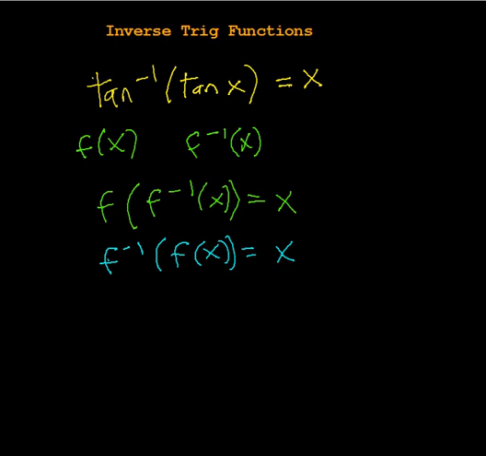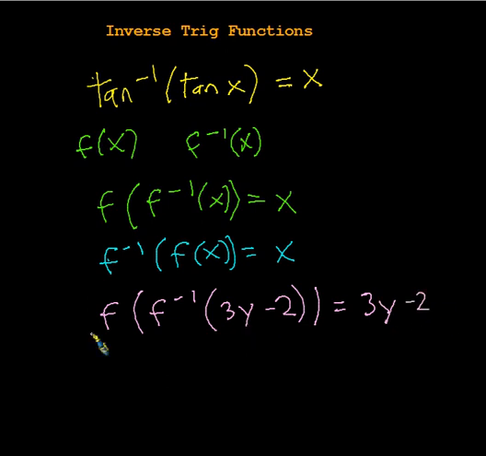And just to be really clear, if I have something like f of the inverse of a whole bunch of crazy stuff, like 3y minus 2, if I take the function of the inverse function of f of 3y minus 2, I'm simply going to get 3y minus 2 as the result.